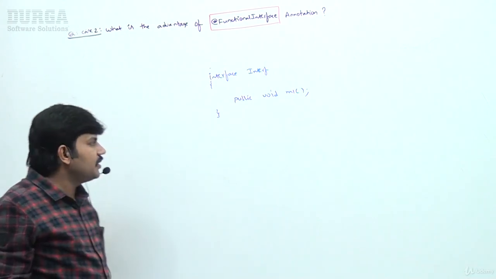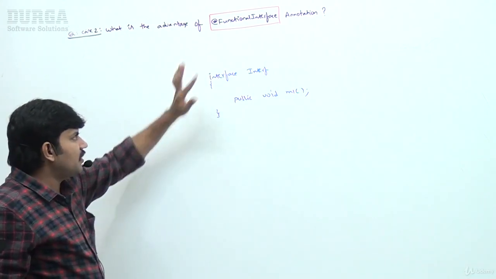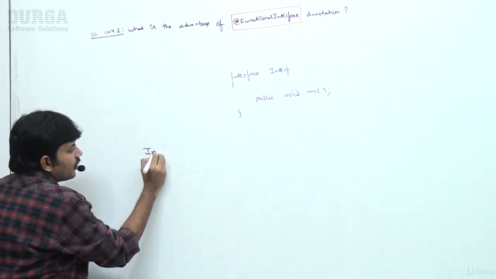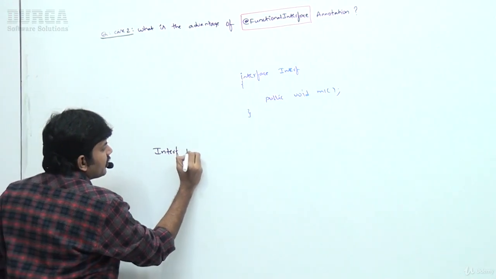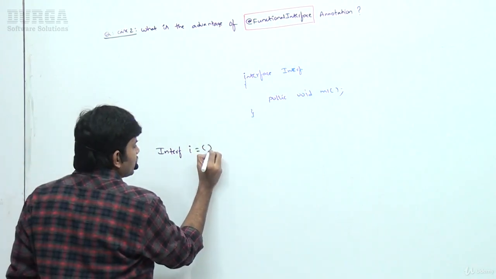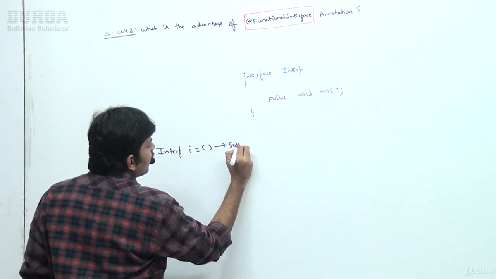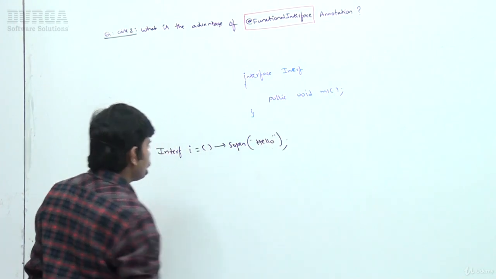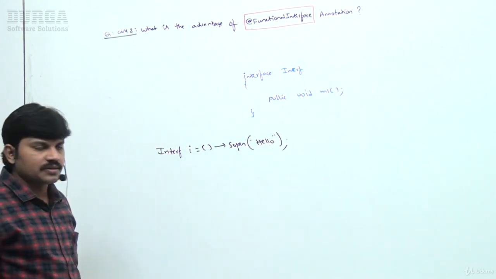Now my question here is, sir, once it is a functional interface, we can use this interface to hold lambda expressions. Some people provided implementation as hello. Interrupt i equals like this.